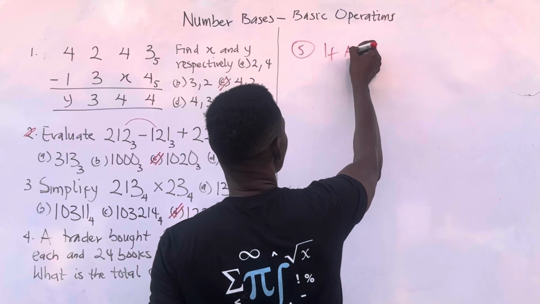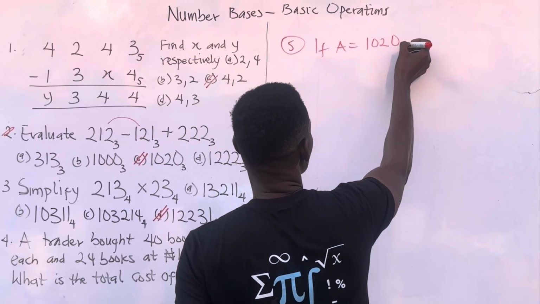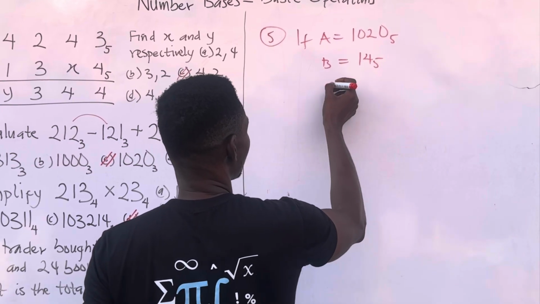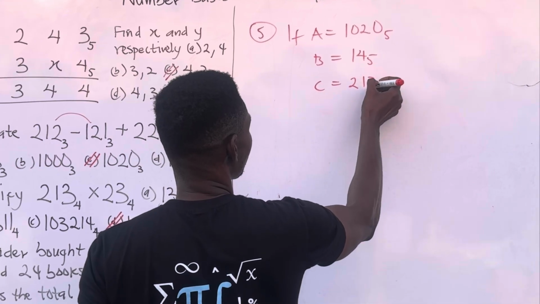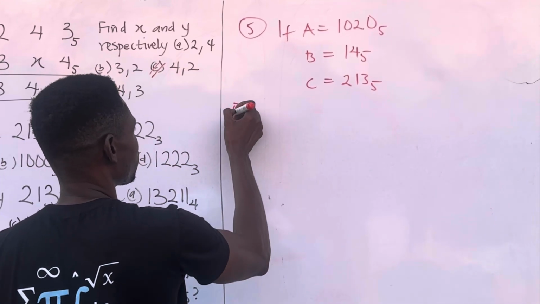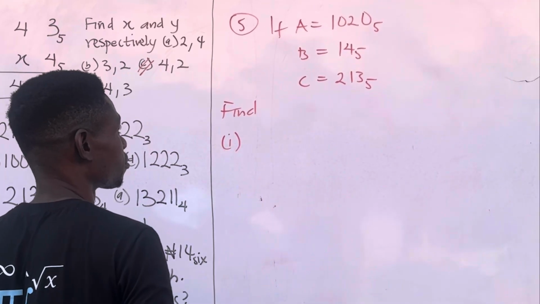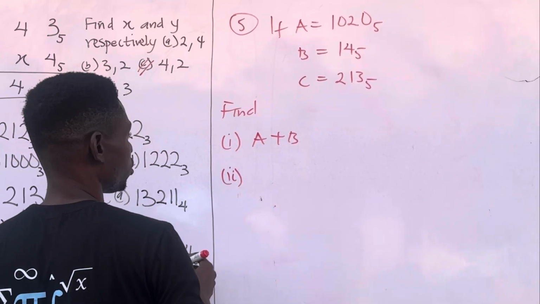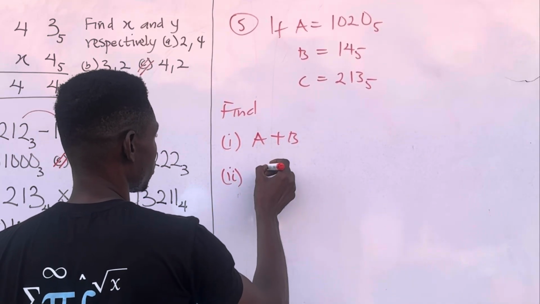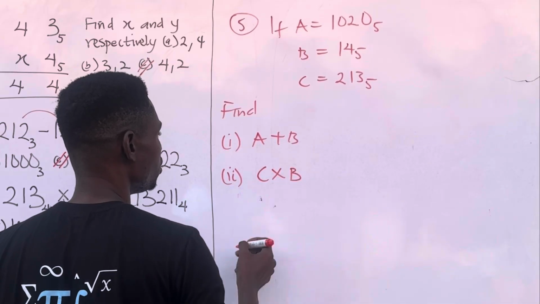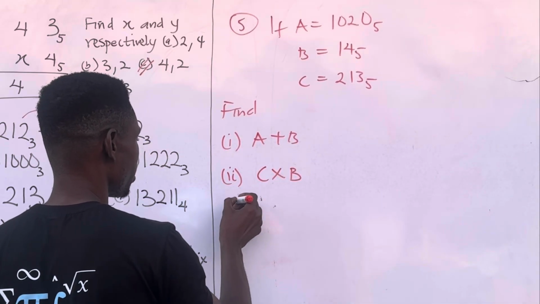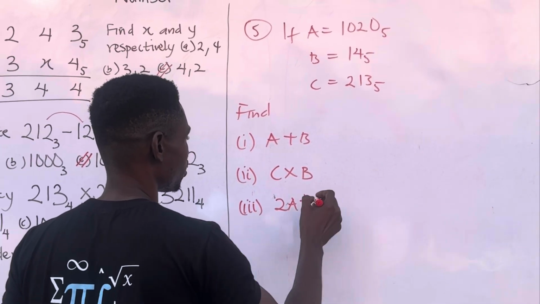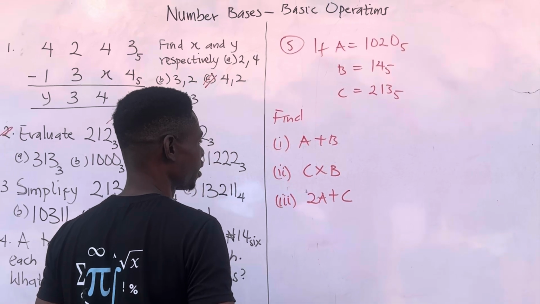So if A is 1020 base 5 and B is 14 base 5 and C is 213 base 5, find: 1, A plus B; 2, C multiplied by B; 3, 2A plus C. Okay, let's stop here.